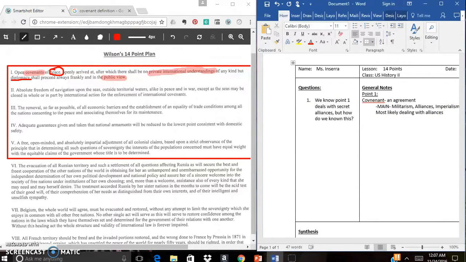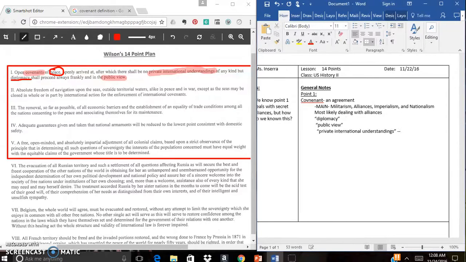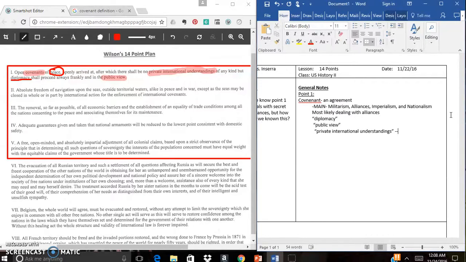And so we're going to want to maybe put in quotations here: diplomacy, public view, private international understandings. This we could most likely attribute to those secret treaties.